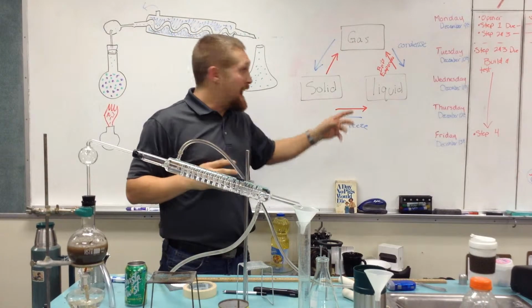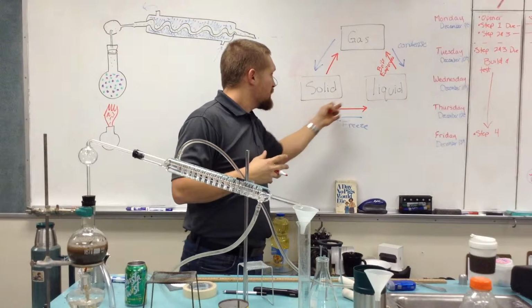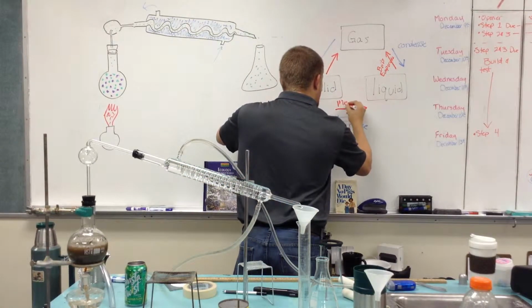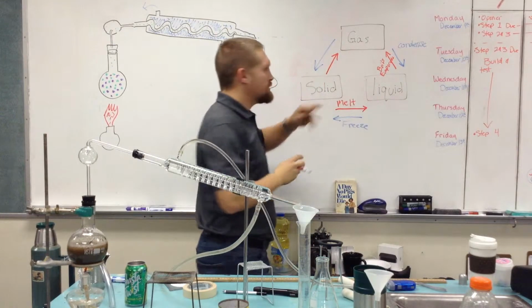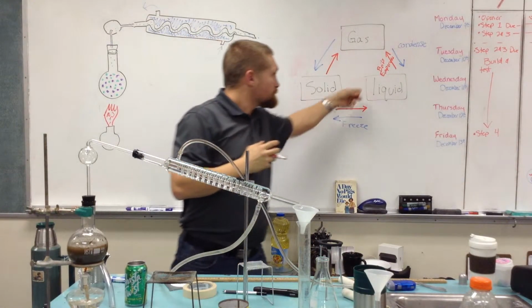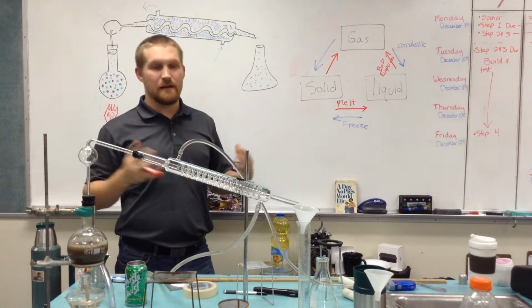Now, if I added some heat from solid, it would melt back to a liquid. Alright, so we've got our major physical changes, the ones that you see on an everyday basis.